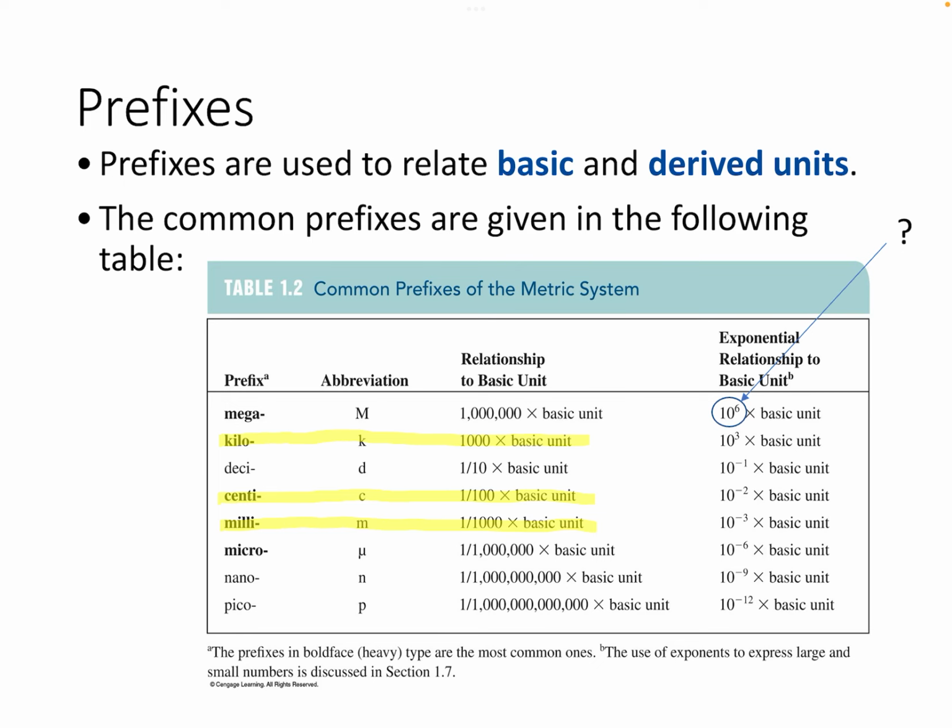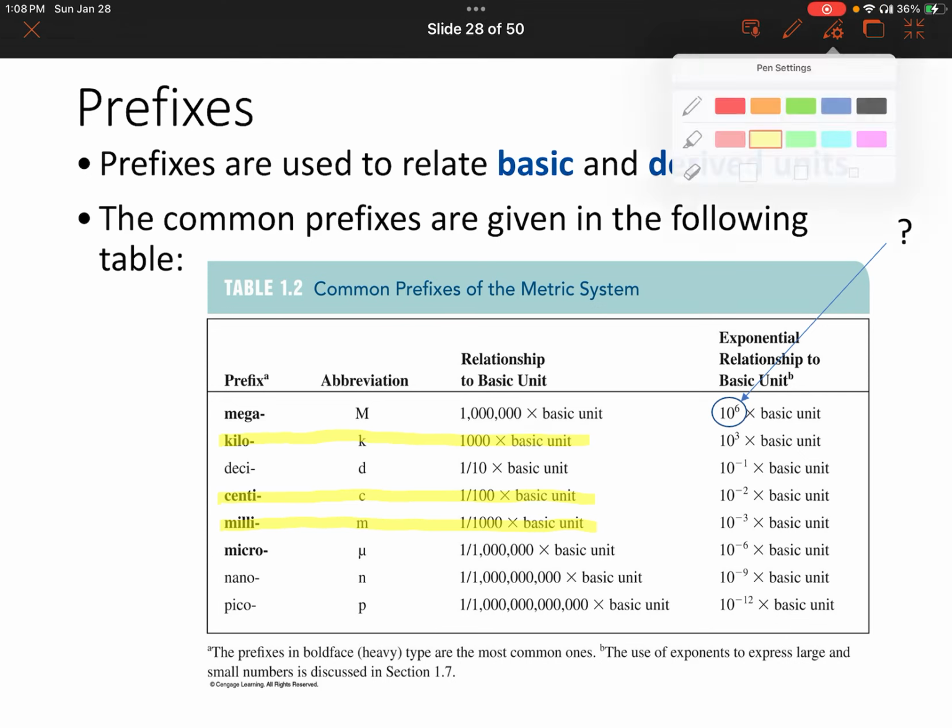So in the table down below, the first prefix is mega, which is given the abbreviation capital M. And mega is equal to 1 million times something you're measuring, right? The next one down is kilo, and you might be familiar with this one.